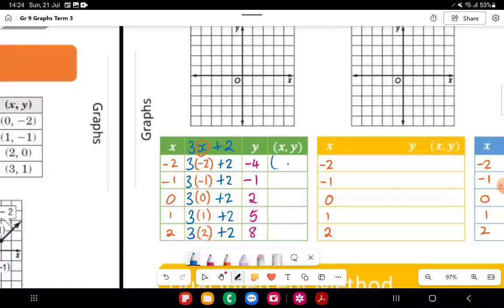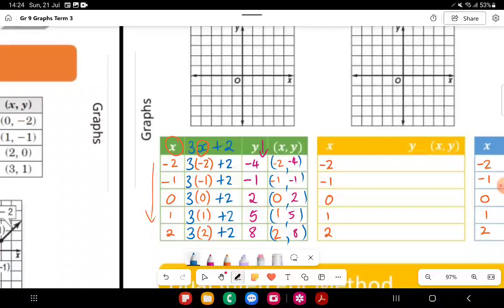So my coordinates are going to be bracket, bracket, comma, and so on. From the x values, I go down and I say negative 2, negative 1, 0, 1, 2. From my y values, I go down negative 4, negative 1, 2, 5, 8.